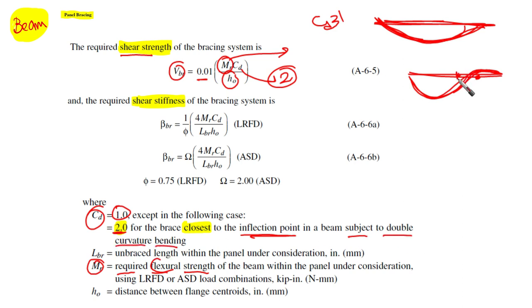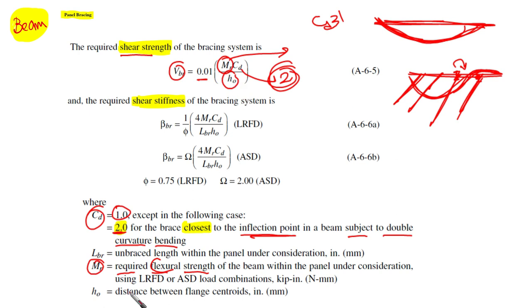So if we provide a bracing here or here, for example, we need to look at this bracing. If it's the closest bracing to the point of inflection, then we need to use CD equal to 2. This means there are more requirements for the bracing near the inflection point rather than the other braced points along the beam.